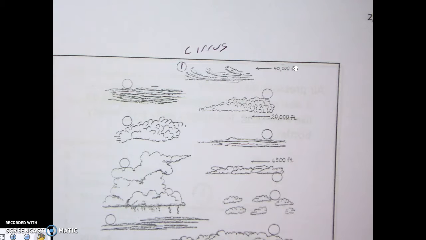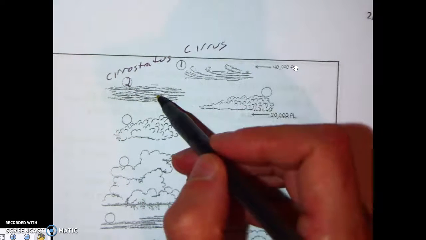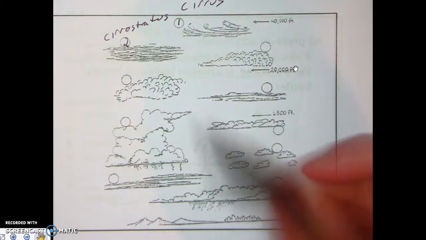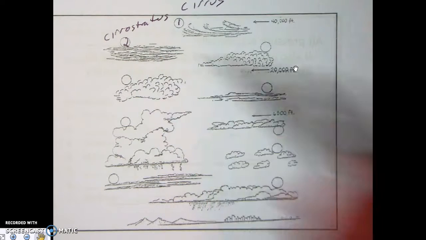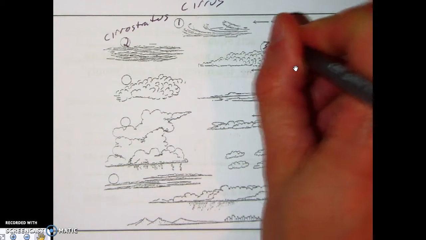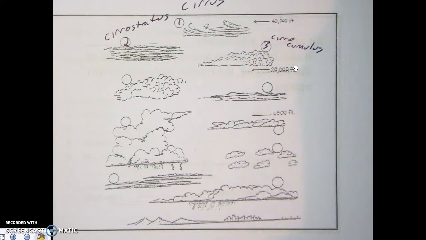For number 2, we have cirrostratus. So again, a layered cloud, but since this got the cirro prefix, it means it's at a high altitude. Okay, here we have for number 3, cirrocumulus. So that's a cirrocumulus cloud.